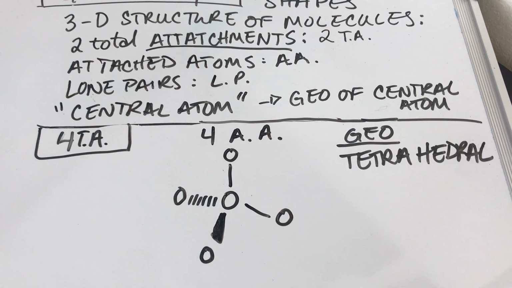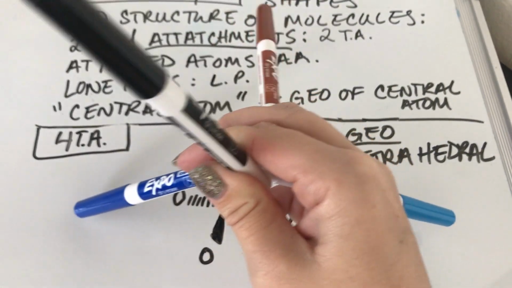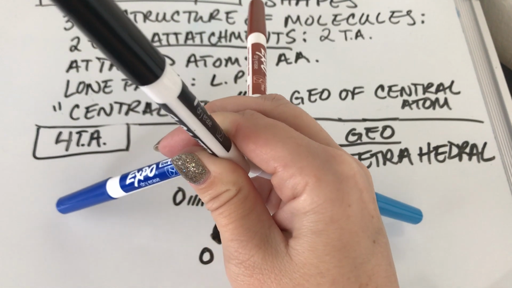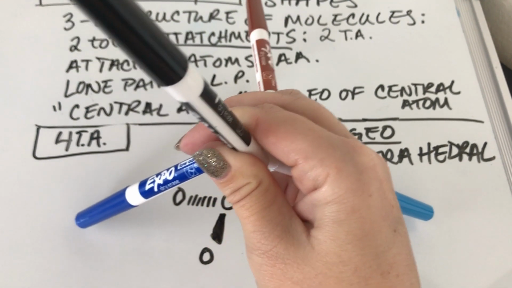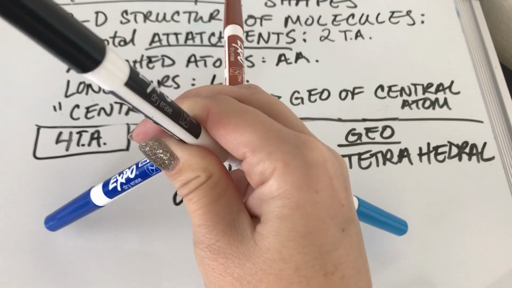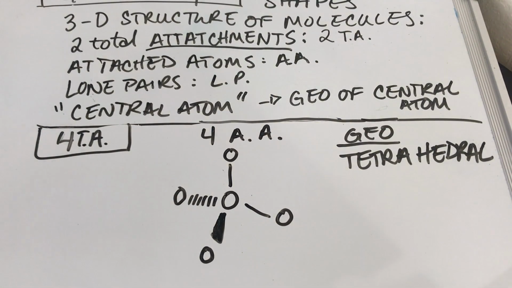Do we have to draw the dashes and the wedges in the homework? Is that helpful? That's what we're talking about. Can you guys kind of see that? It's a 3-dimensional structure. It's not beautiful.